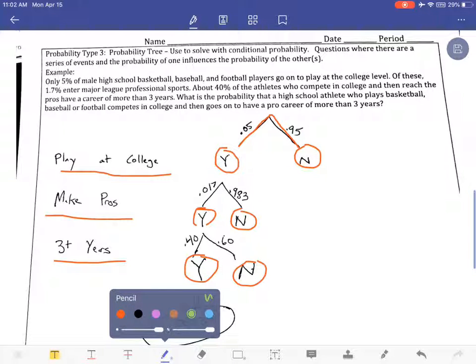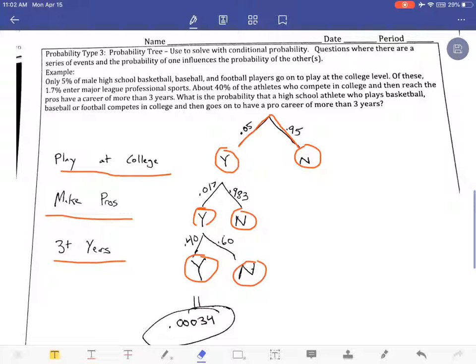Green, so you can see this. So we're going to go down this branch because they played in college, right? Then they reach the pros. So we go down this branch. And they go on to have a pro career of more than 3 years. So we go down this further branch.